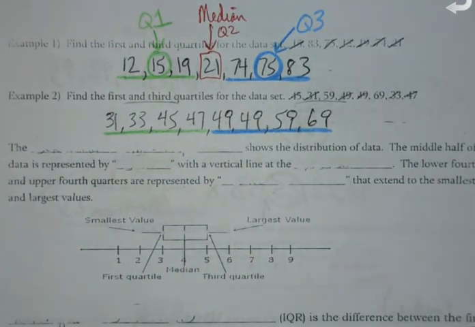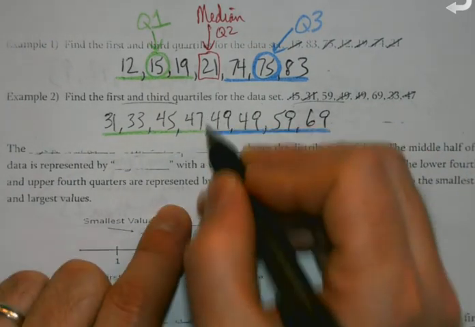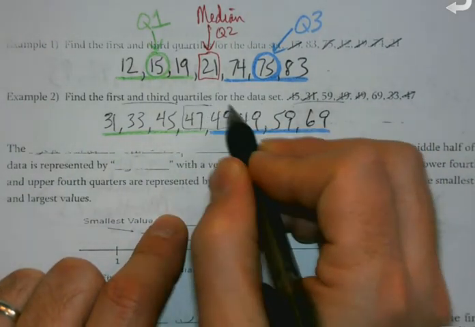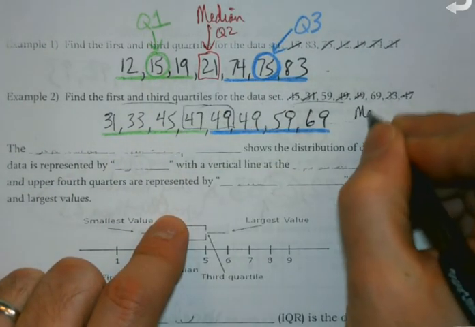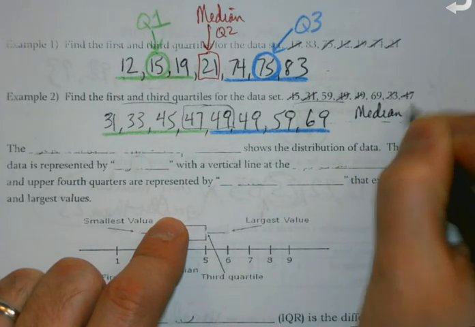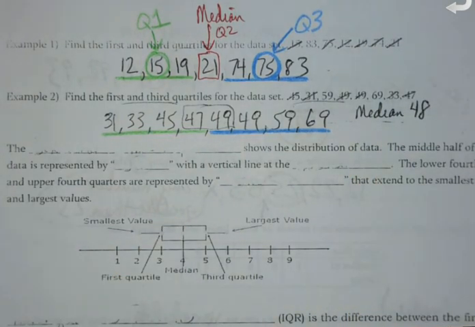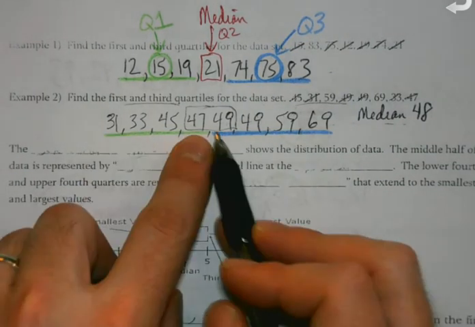If I was looking for the actual median of this, I still would add up the 2 in the middle and divide by 2. So my median would still be 48 because I have 2 numbers in the middle. I find their average. But when I go to find my first and third quartile, I'm including those numbers.